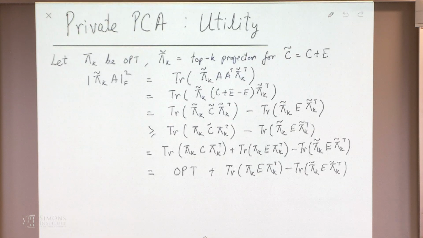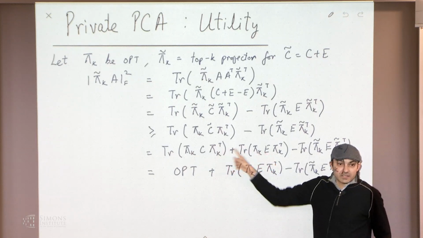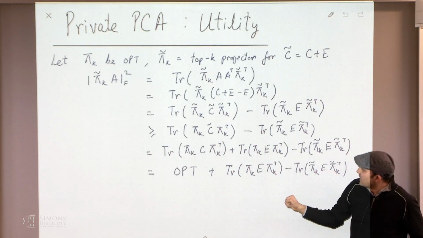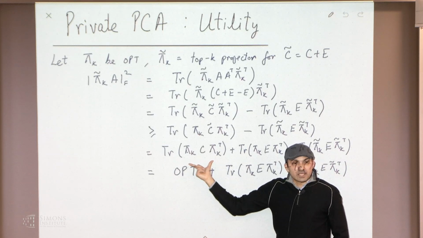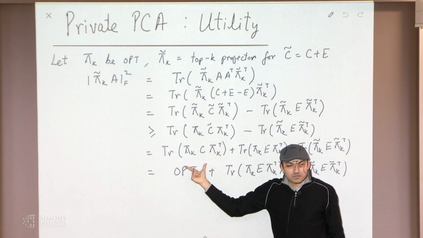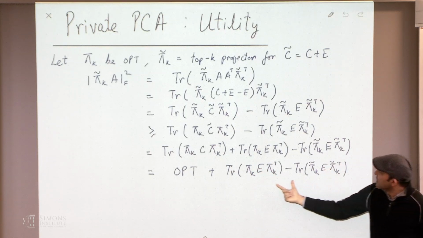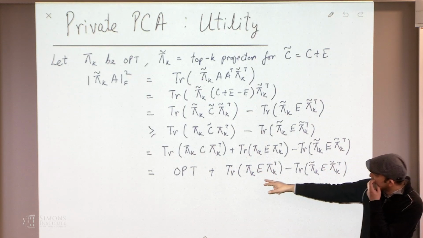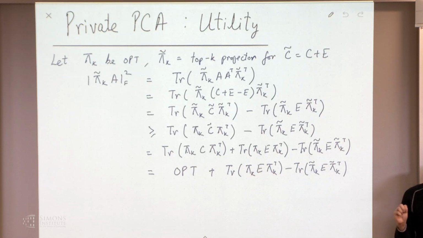And now I'll substitute back that C twiddle is C plus E. I'll factor that out. This first term is now exactly the optimal value that I was trying to match. What's left is two traces which look like the projection of the error matrix E to a k-dimensional subspace.